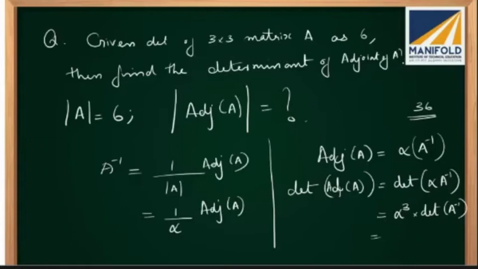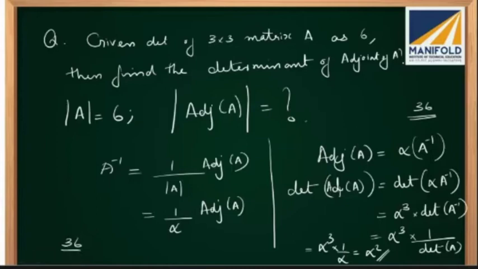The determinant of A inverse is 1 by the determinant of A. So alpha cubed into 1 by determinant of A, and alpha is the determinant of A. That is alpha cubed into 1 by alpha, which equals alpha squared. So the answer is 36.